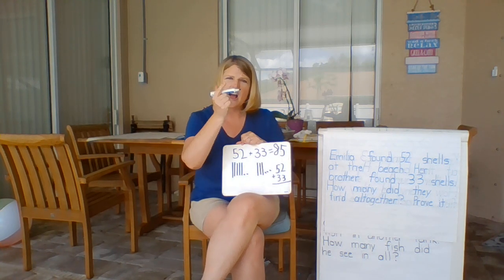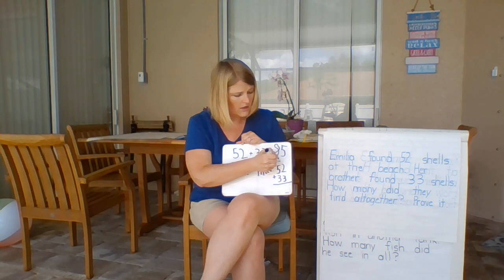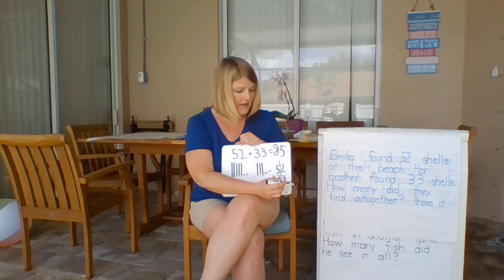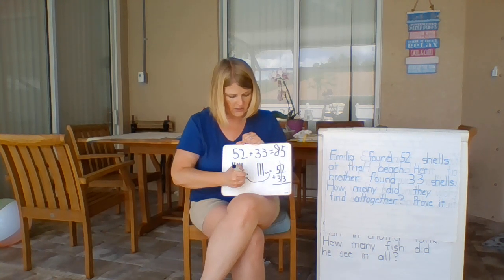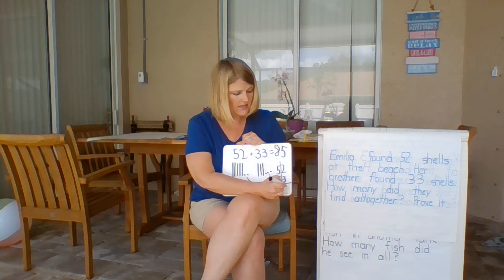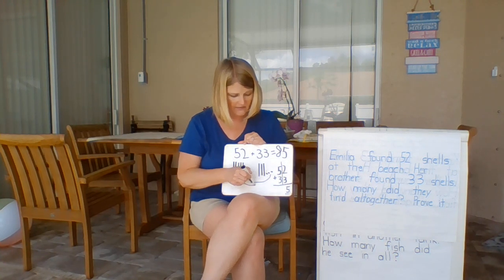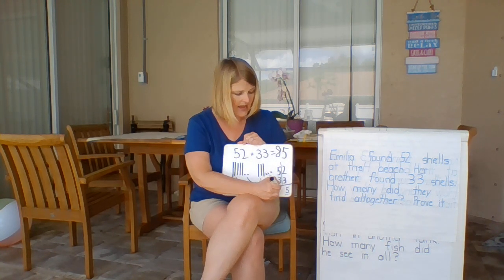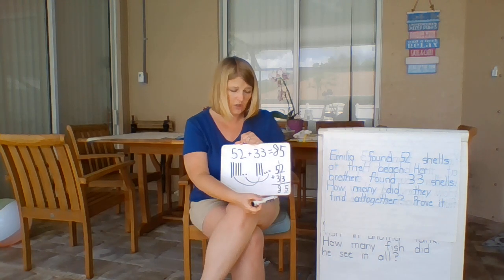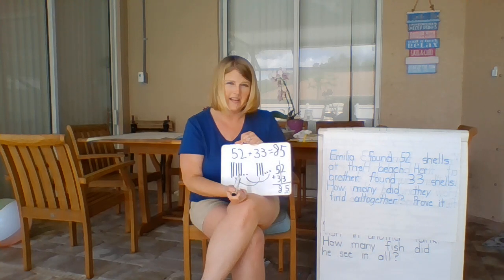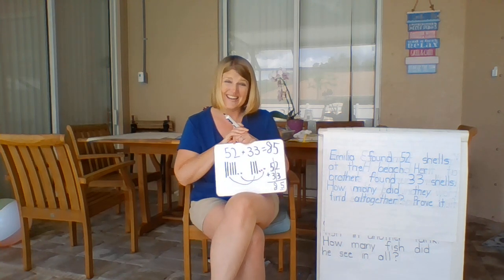And he said, I'm going to draw a line between the tens and the ones, and I'm going to add the ones to the ones. 2 plus 3, same thing we see here, is 5. And I'm going to add my tens. 5 plus 3. 5 tens plus 3 tens is 8. And that also shows me 8 in the tens, 8 tens, and 5 in the ones, 5 ones. And my answer is 85.